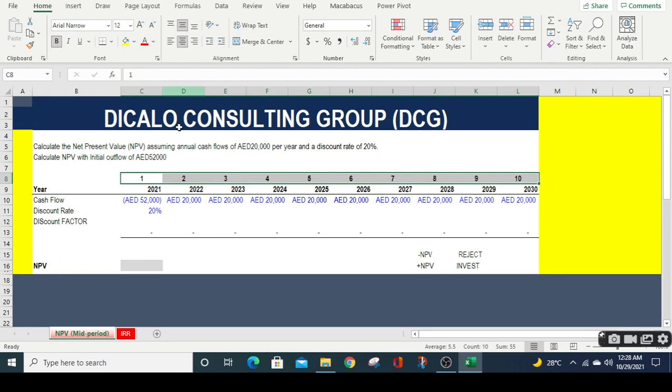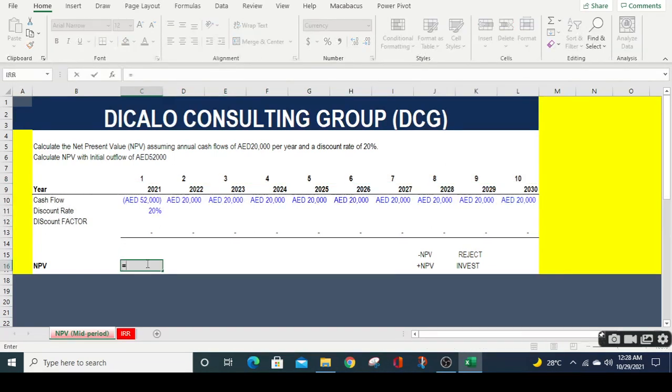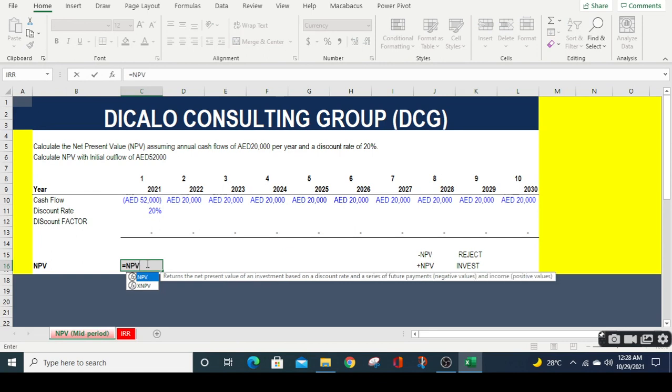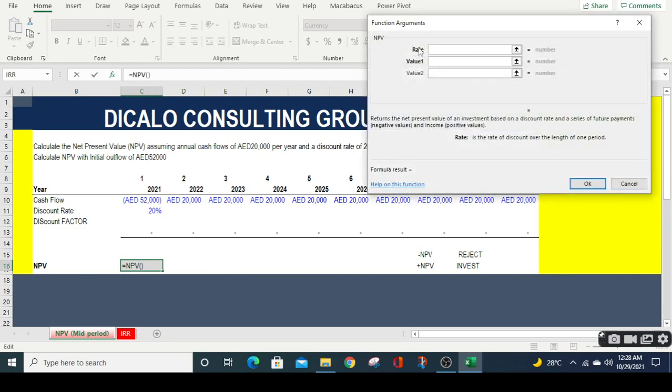So to compute our net present value, you start with an equal to sign, and you put NPV, you click enter, and then you go to FX, you click on FX. This dialog box appears, which is called the function arguments for the net present value, and the very first question there is what's the rate.